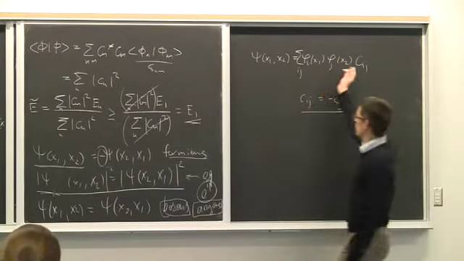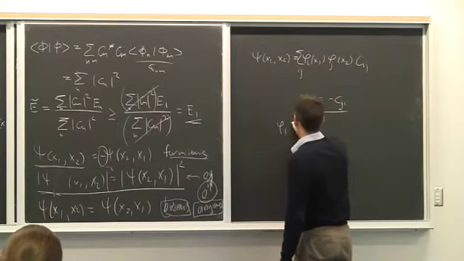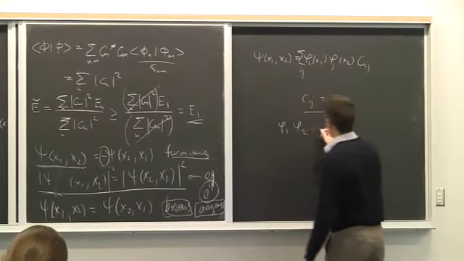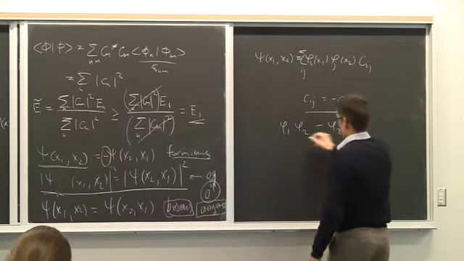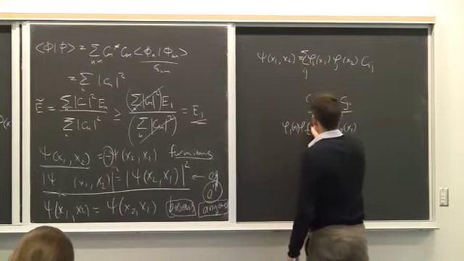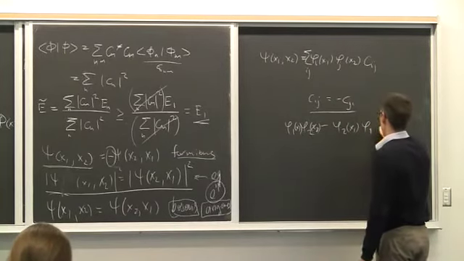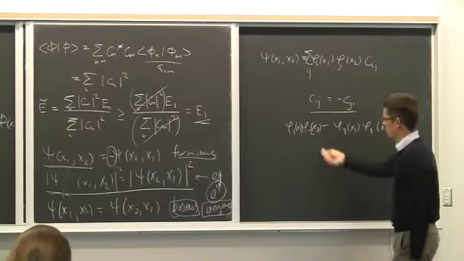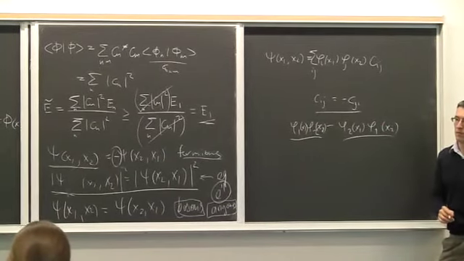Again, to avoid the abstract language, if we have phi_1(x1) phi_2(x2), then there should be a term where we have phi_2(x1) phi_1(x2). So if we have this term, we need to have this term.